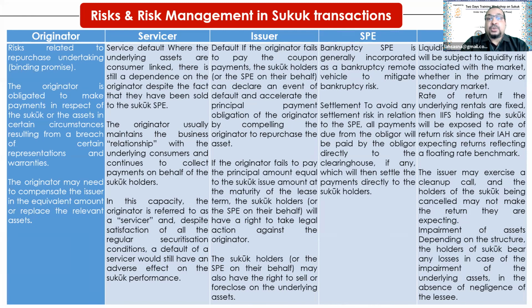The other point is the issuer. The issuer could default on the coupon payment. You have semi-annual payments, so you may not have enough for that payment. The same happened in the Golden Belt issue, unable to execute and give the rental payment or the expected rate of return. Maybe your reserve is not enough, your profit equalization is not enough.